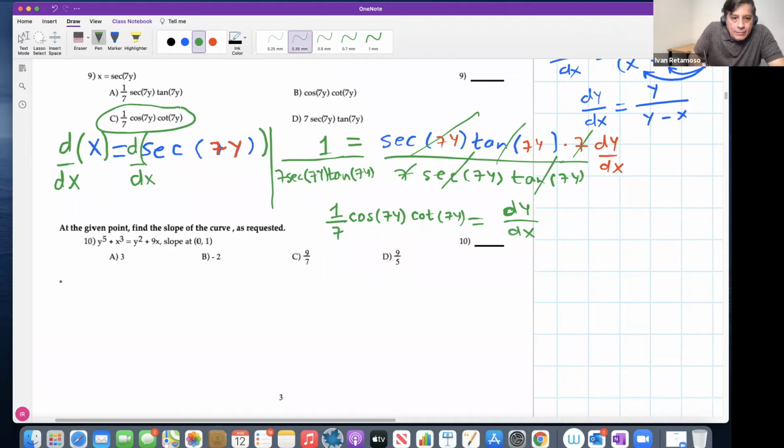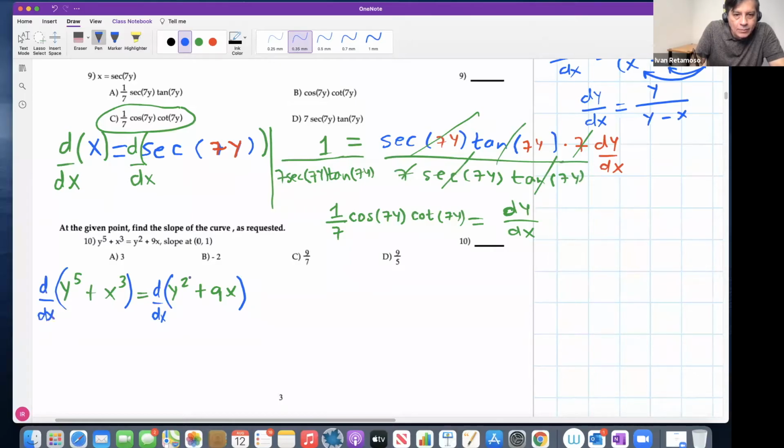I have the function here defined as y to the 5th power plus x cubed equals y squared plus 9x. And I'm supposed to take derivatives of both sides with respect to x, to get the derivative of y with respect to x, which will be the slope of the tangent line, the slope which they are asking. All right, so let's do that.